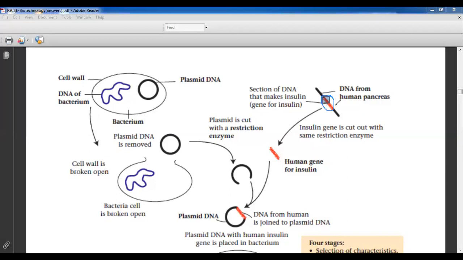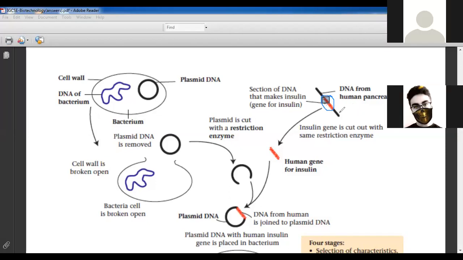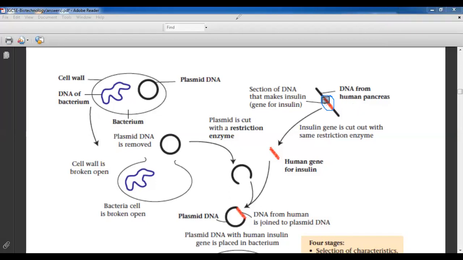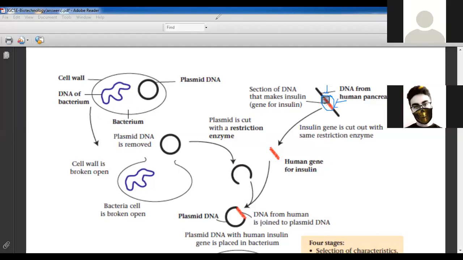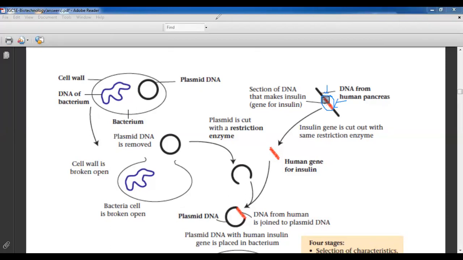Then I will treat that DNA with specific enzymes, and that specific enzyme will cut this DNA. Okay, is it clear?